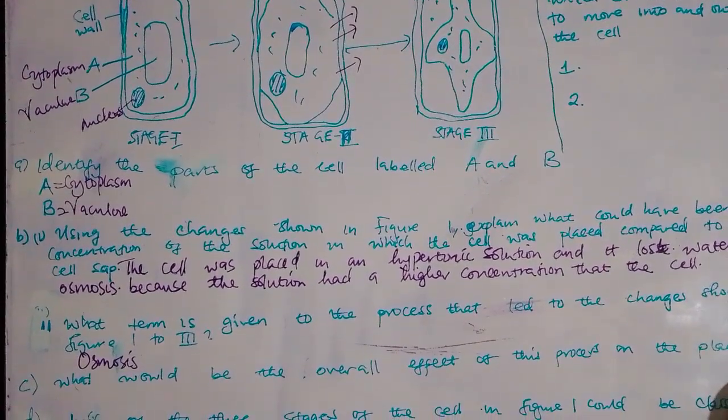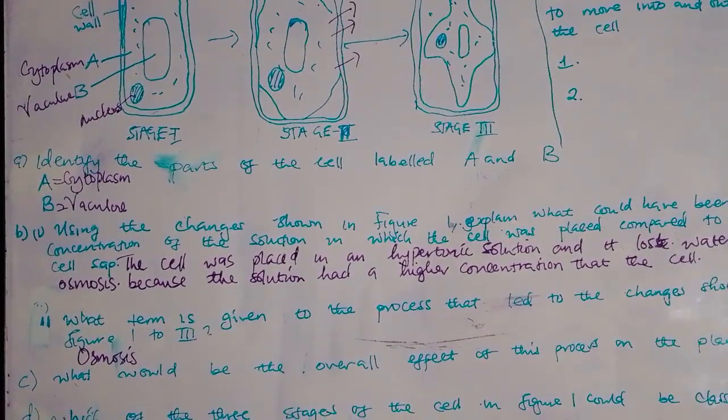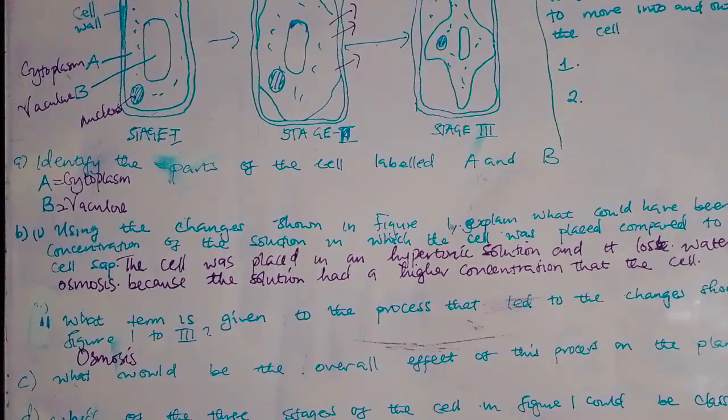Then question C is saying, what would be the overall effect of the process on the plant? The overall effect on this plant, which is placed in a hypertonic solution, is that the plant will lose its water and become what?